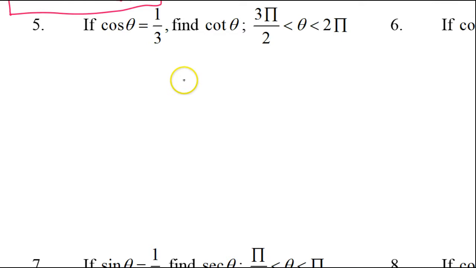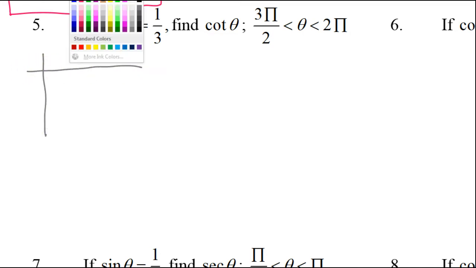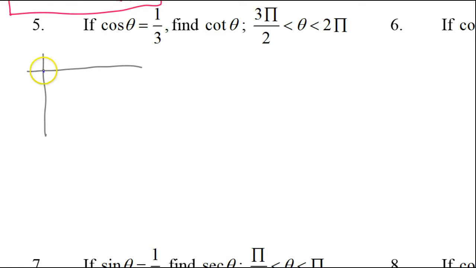Well, number 5 falls between 3 pi over 2 and 2 pi. So that puts us in the 4th quadrant. So that's why I'm going to draw my diagram like this. All right, so here we are in the 4th quadrant.